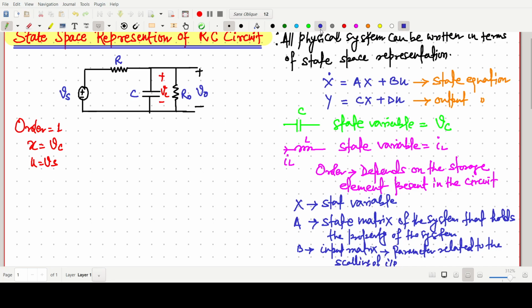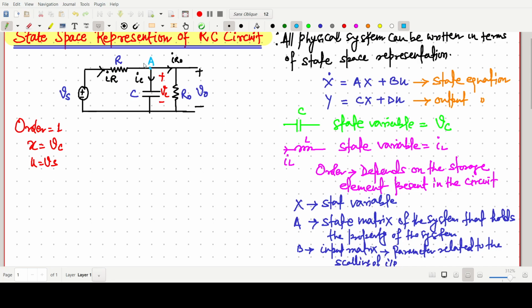Okay, so now how to write the equation? For example, say there is some current flowing, that is our IR. Some current is flowing, say IC, and another current will be say IR naught.